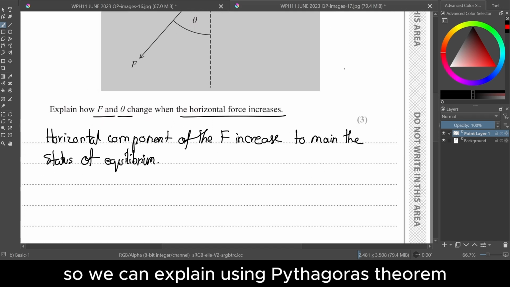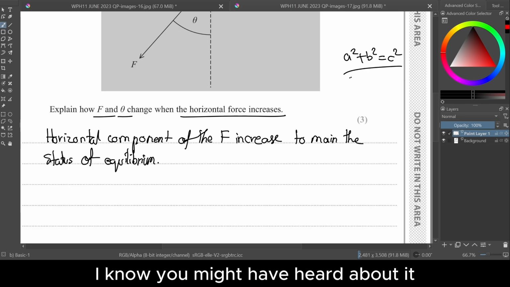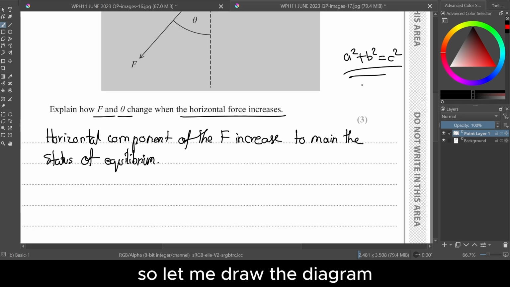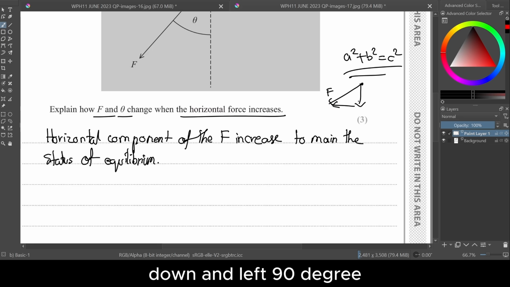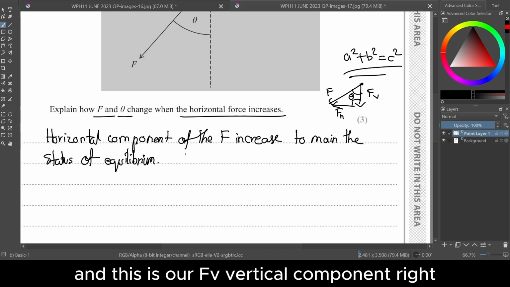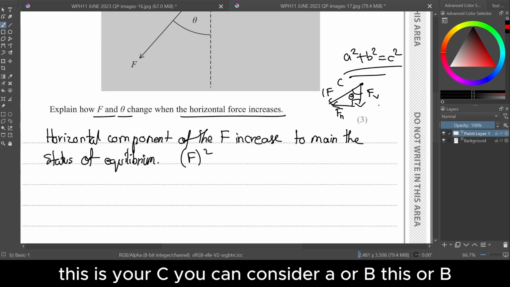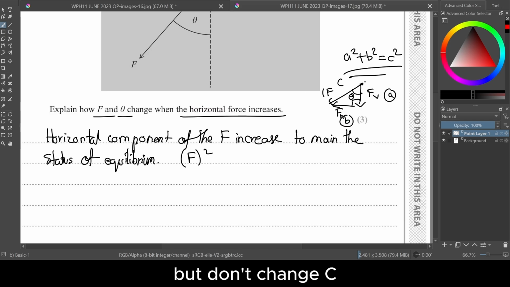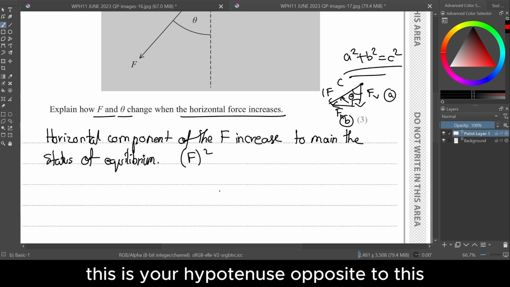So we can explain using Pythagoras theorem, which is a squared plus b squared is equal to c squared. I know you might have heard about it. So let me draw the diagram. So this is your resultant force F here, down and left 90 degrees, and theta here. So this is your FH horizontal component, and this is our FV vertical component. So you will write F squared. This is your C. You can swap A and B, but don't change C. C is always the hypotenuse, opposite the right angle.